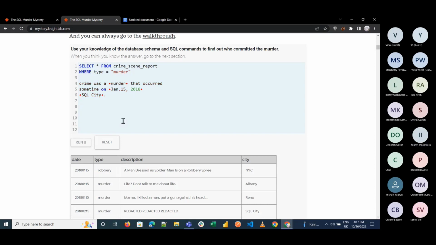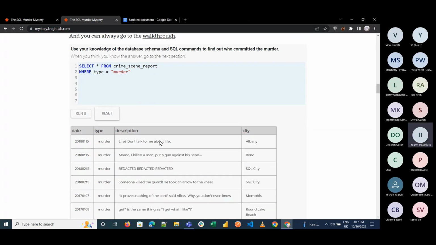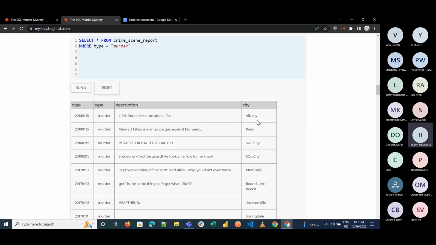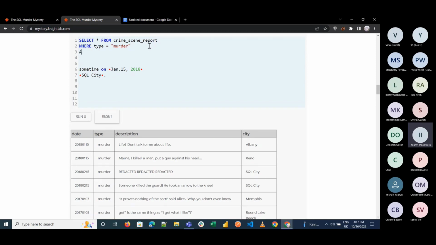Okay. But if we run this, we'll find out that it's still not enough information. The murders took place on various dates and in different cities. But they also gave us the clue that besides it being a murder, it also took place on a particular date. If we take a look at the date, we need to add an 'and' where the date is equal to the date written as this.